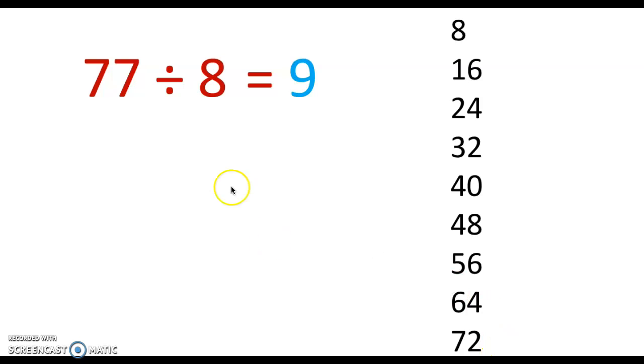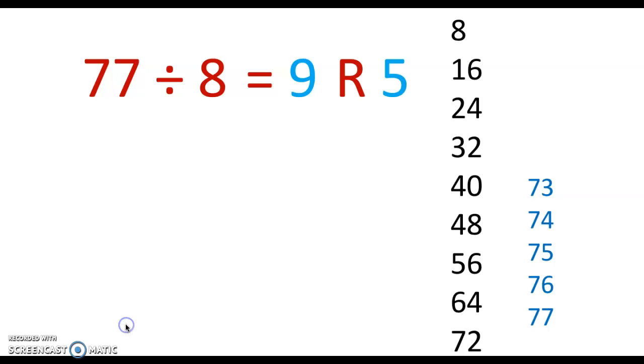We had some left over because we didn't make it all the way to 77. So I'm going to count up the rest of the way and see how many I have left over. 73, 74, 75, 76, 77. How many numbers do we have left over? Yeah, we have a remainder of 5 left over.